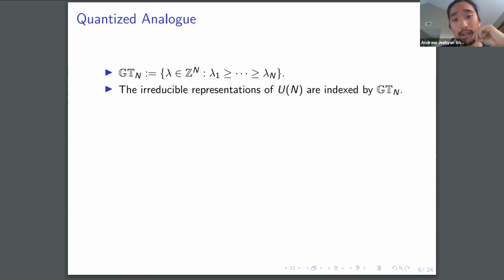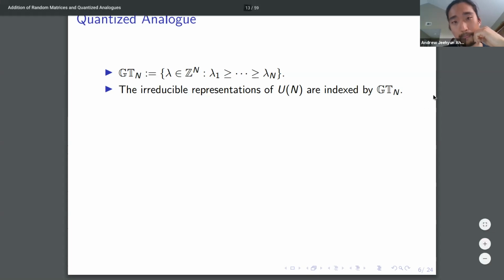And we'll be looking at an analogous picture where instead of eigenvalues, we'll be looking at signatures. Signatures are just n-tuples of integers which are weakly decreasing. We'll denote the set of all signatures by GT_n. And it is well known that the irreps, or irreducible representations, of U(n) are indexed by these signatures.